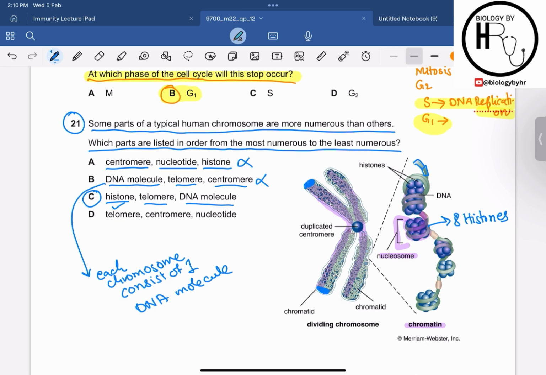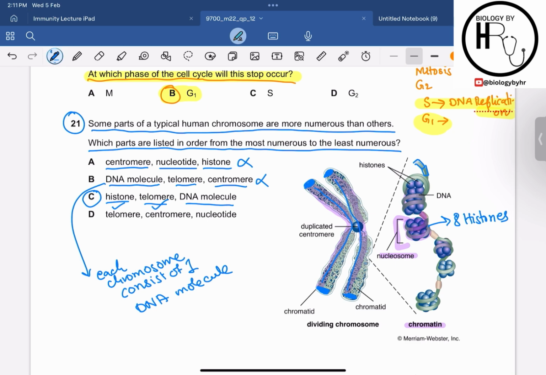As this chromosome is shown after DNA replication in the S phase, it consists of two sister chromatids, each with two telomeres, so over here there are 4 telomeres. And then the DNA molecules: in one sister chromatid there is one DNA molecule, and in the other there is also one DNA molecule.